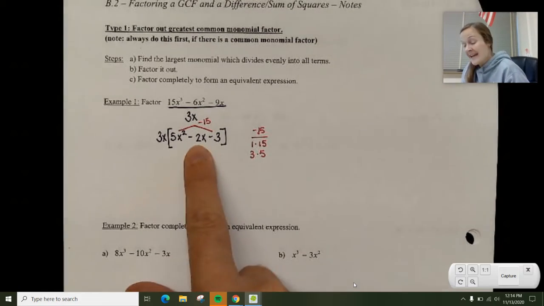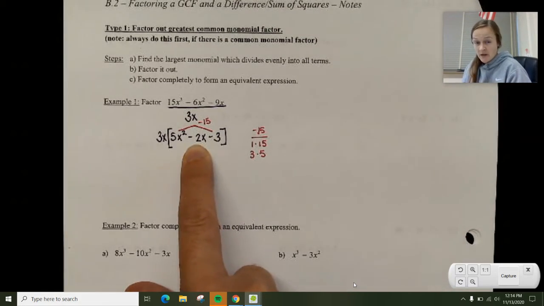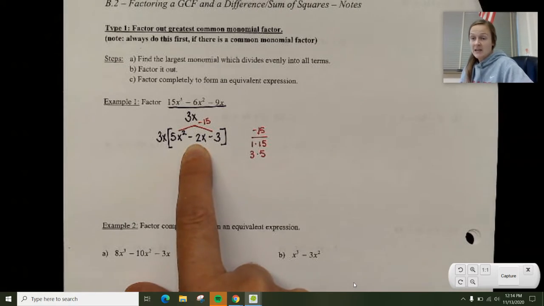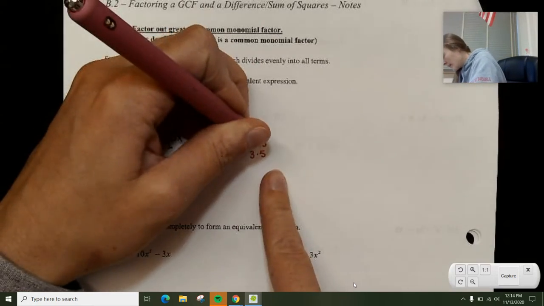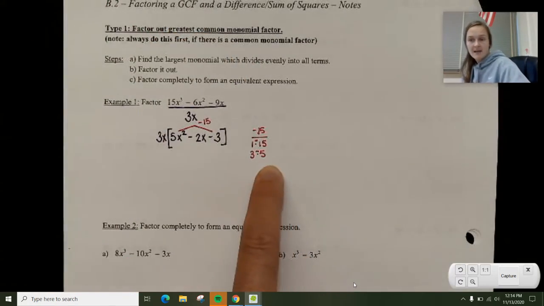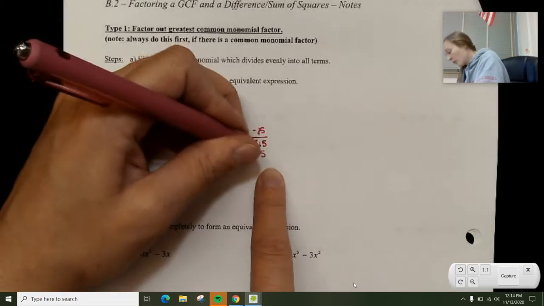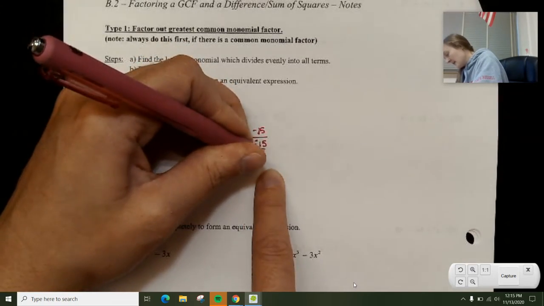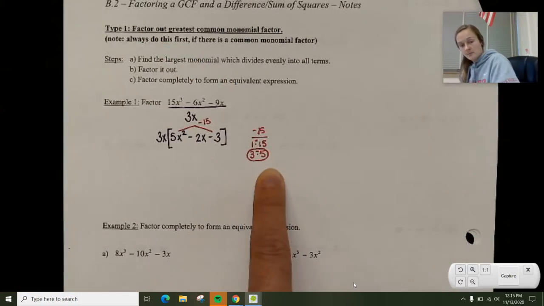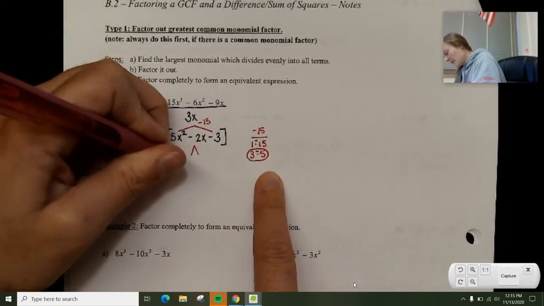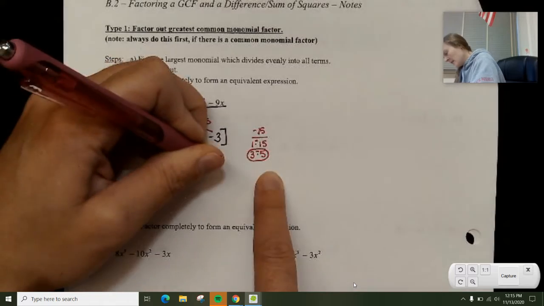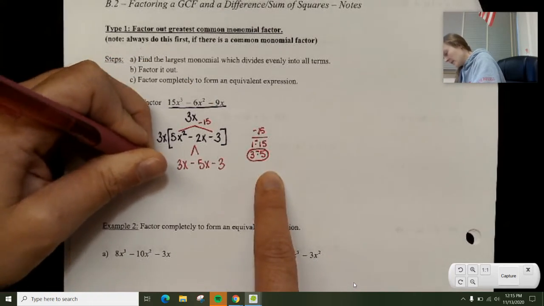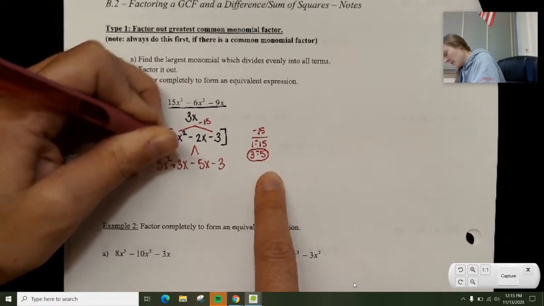I'm going to add to negative 2, so I need a positive and a negative where I have more negatives than positives because I'm going to add to a negative number. So it's either 1 and negative 15 or 3 and negative 5. 3 plus negative 5 gives me negative 2, so that's what I'll choose. So now I've got 3x minus 5x in the middle, negative 3 on the end, 5x squared in the beginning, and we're ready to roll.